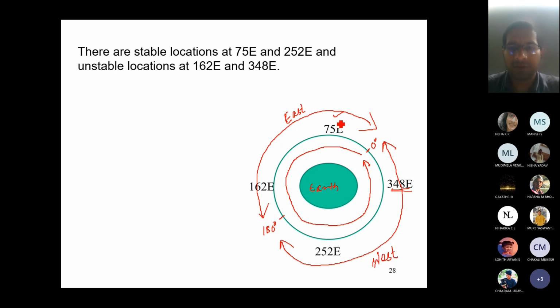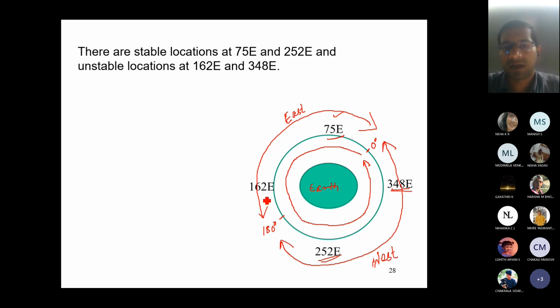All right. Now, what has been observed? It has been observed in reality and in practicality. There are two different longitudes. One is called 75° east, another is 252° east. So these two longitudes are the stable locations. That means the satellites try to remain fixed at this particular location.